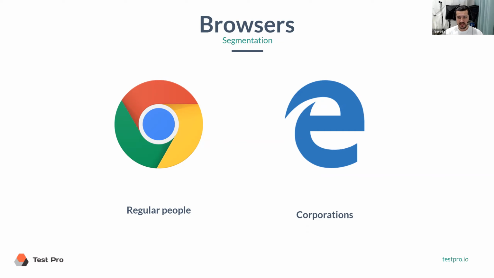So in my previous company, for example, I worked for the United States Federal Bureau of Census, and it's a federal organization, right? It's a government. So Chrome was actually kind of illegal to use for census. So their choice was actually Edge, but it was Internet Explorer at that moment.